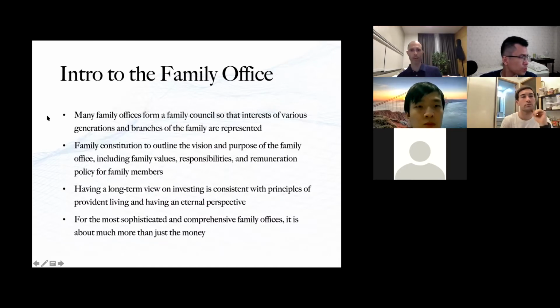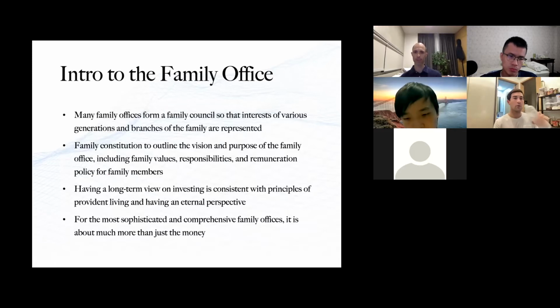So many family offices form what's called a family council. This is a foreign concept to many people, but obviously we believe in the concept of a family council. It's really interesting for me to have seen some of the principles that we believe in validated by some of the best practices in the family office industry, and why it's so important to have these family councils.